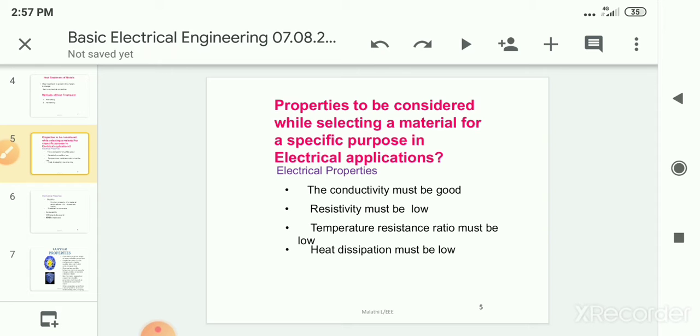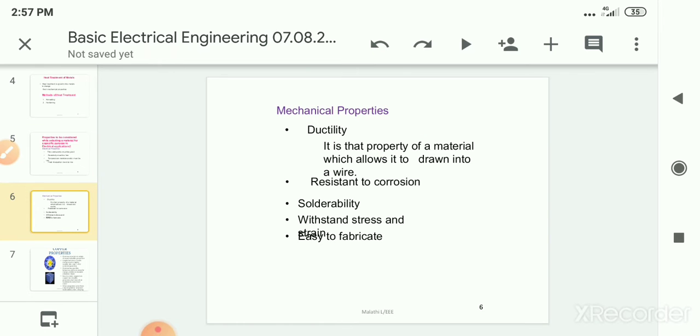Next, if we move to the mechanical properties, the conducting materials should have very good mechanical strength, and they should be ductile and malleable. Ductility is the property of a material which allows it to be drawn into a wire.